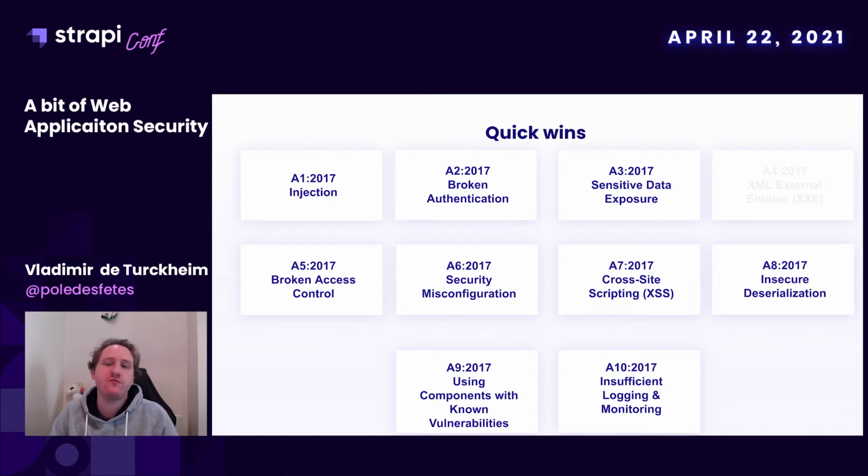So let's remove two quick wins. First of all, we can remove XXE. XXE only happens when you handle XML. And if you're familiar with XML, you know that you can link to another document. It would be the equivalent of injecting an iframe in a web application of some kind.